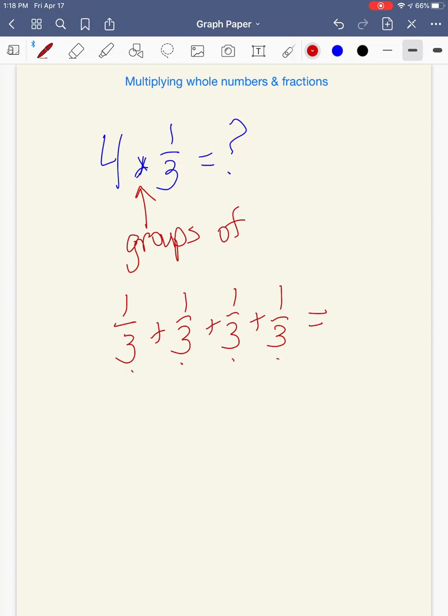So it's no different than when you're adding bananas or chairs or grapefruit. If you're adding the same thing, you just count them up. So this is 1, 2, 3, 4. So this is 4/3. So if we add that to our original expression here, we have 4 times 1/3 equals 4/3.